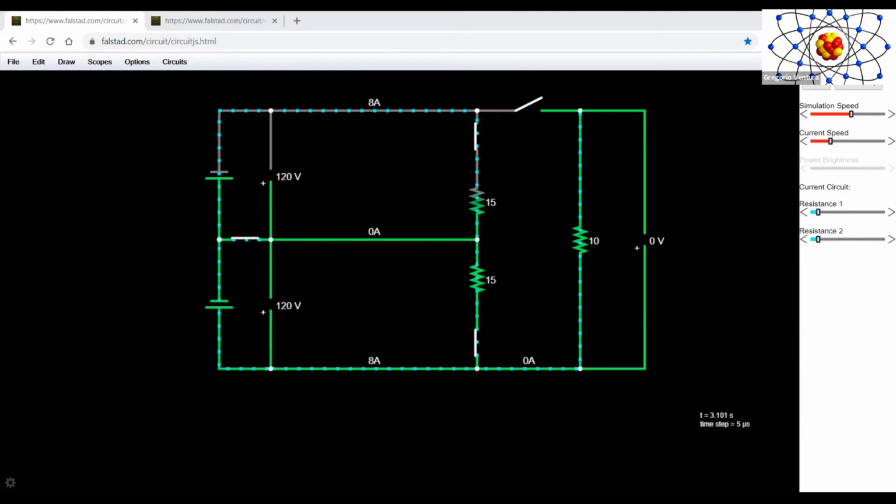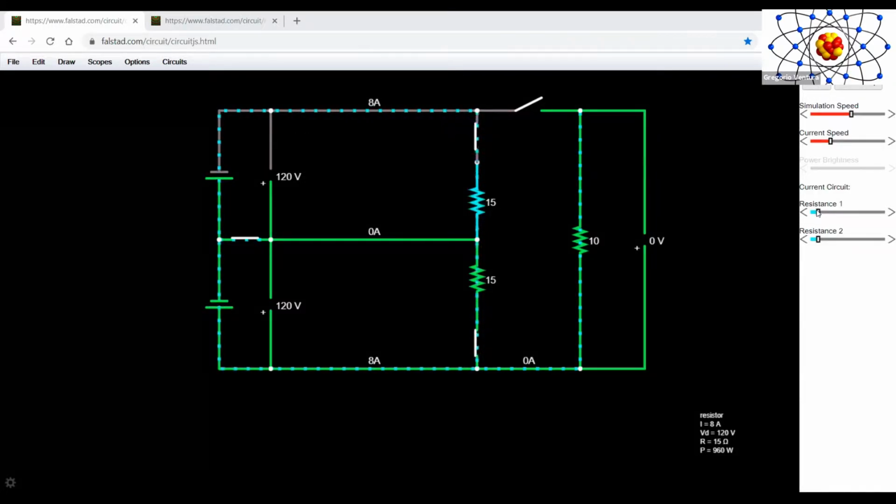Now, if we create an unbalanced load in such a way that we have more current, I'm going to reduce first the resistance on this wire. I want you to look at this resistor here. I'm going to go from 15 to 10 ohms.